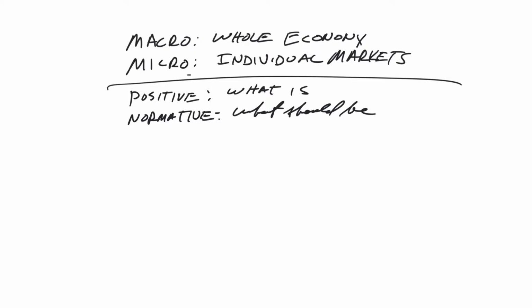Now, we know 2 + 2 does not equal 7. It's still positive economics. The thing about positive economics is that you can refute it. You can gather data and actually refute the proposition. So it doesn't have to be true, it just has to be refutable.